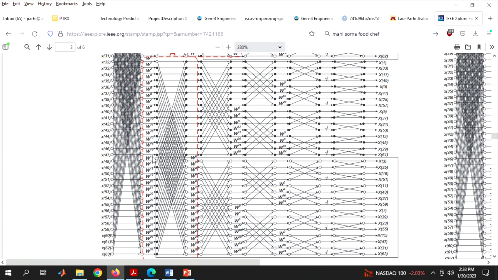So this is simply w to power 0 to w to power n by 2 minus 1, 64 by 2, 32 minus 1, 31. So w to power 16 is minus j. If I just exclude that, and w to power 0 is 1.